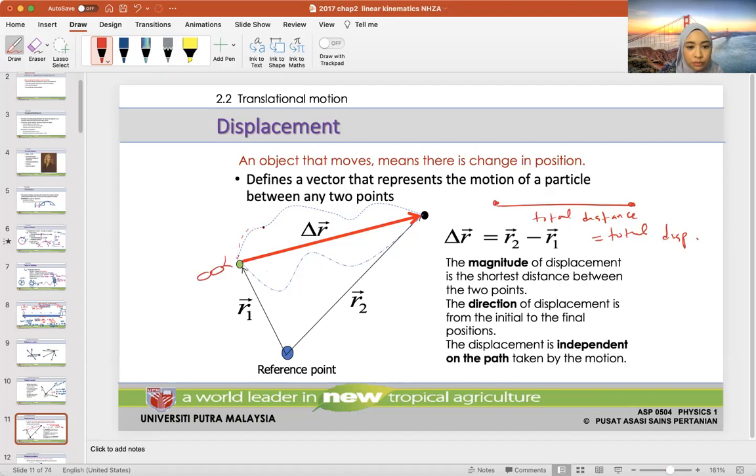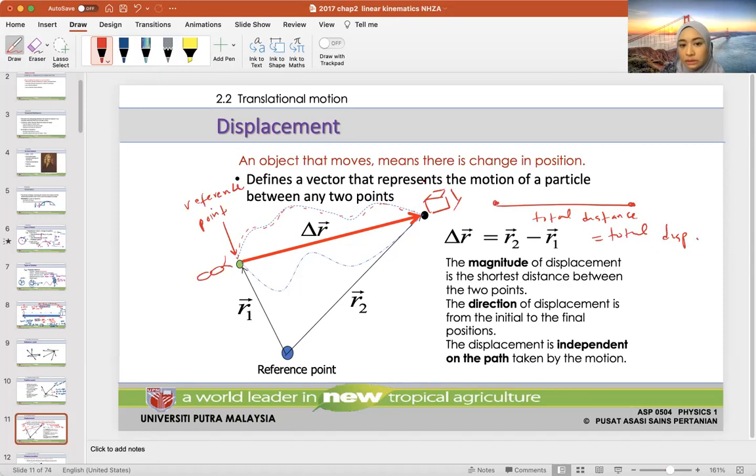So here, let's say this is an ant. And this ant moves this way. This is the reference point because this is where he starts. The ant is the guy. Reference point. Okay. And then dia jalan. Lepas tu, finally, he reaches the sugar cube. Cik, ada matlamat hidup. Okay, so this is the sugar cube that he was aiming for. But dia ikut jalan ni.